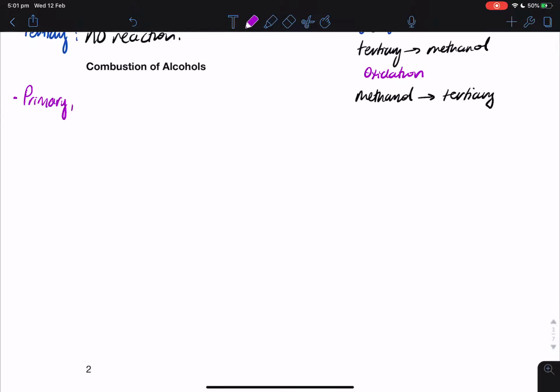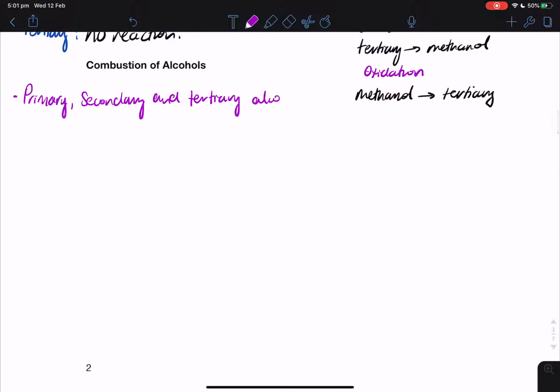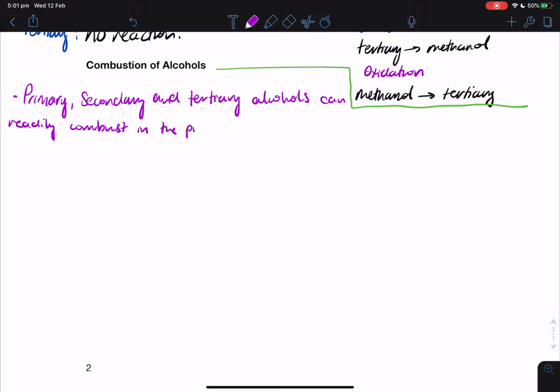So you have primary, secondary, and tertiary alcohols can, let's put a little distinction line here, can readily combust in the presence of oxygen.